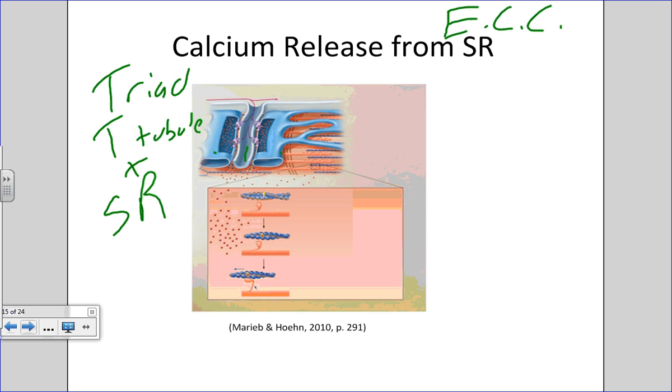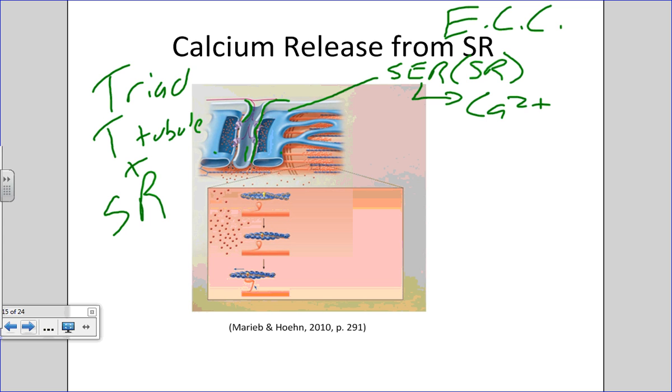And remember, this transverse tubule is an invagination, or long inward folding, of this plasma membrane, or sarcolemma, down into the muscle cell itself. All right, and then you can see the sarcoplasmic reticulum. Remember, it's a specialized form of smooth ER, and the sarcoplasmic reticulum is where we store calcium.